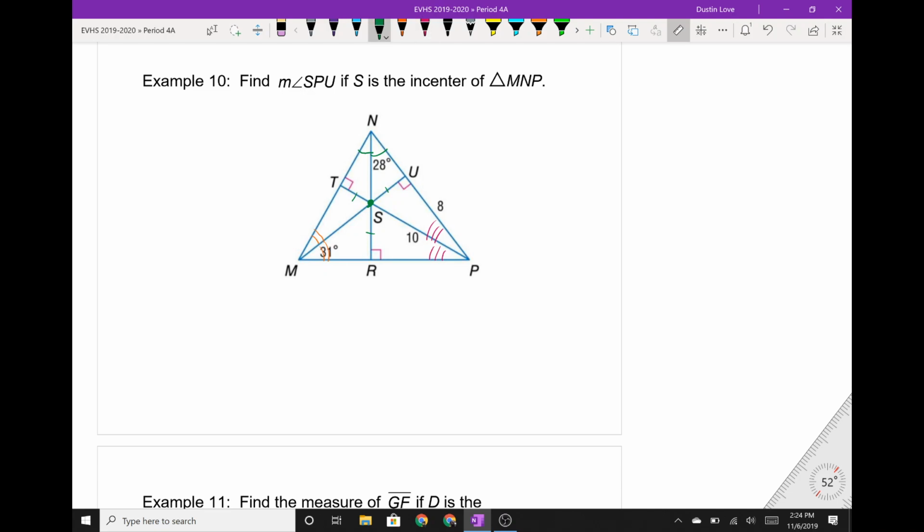So in particular, how much is TNS? What's the measure of it? 56. Well, wait, TNS. Oh, 28. This is 28. What about the measure of TMS? 31 degrees. And then these two I don't know, but I could put an X there, right?